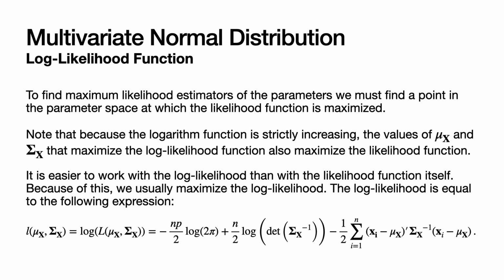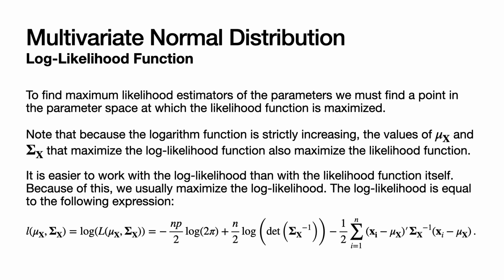The log of the likelihood, on the other hand, is the sum of the logs of the terms in the likelihood. Maximizing a function involving sums is much easier than maximizing a function involving products, so maximizing the log likelihood function is much easier than maximizing the likelihood function. Because of this, we usually maximize the log likelihood rather than the likelihood.